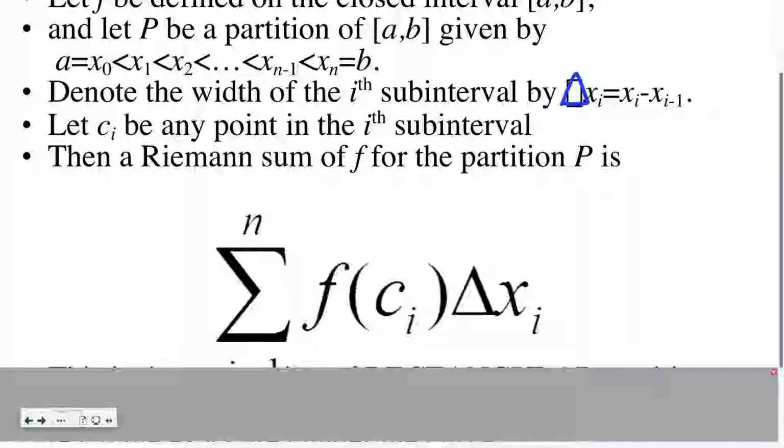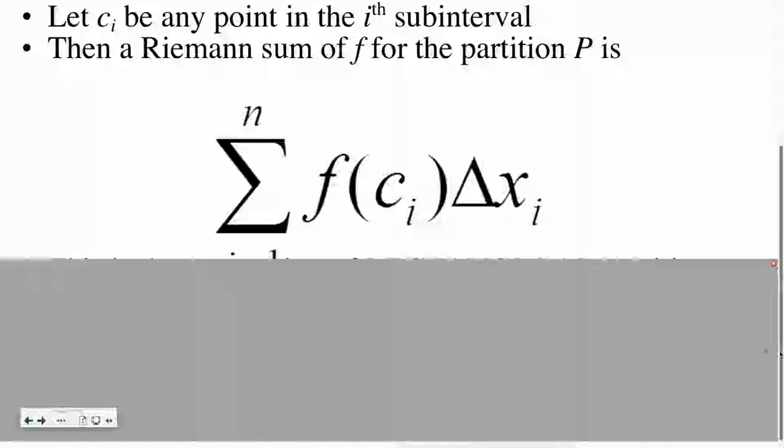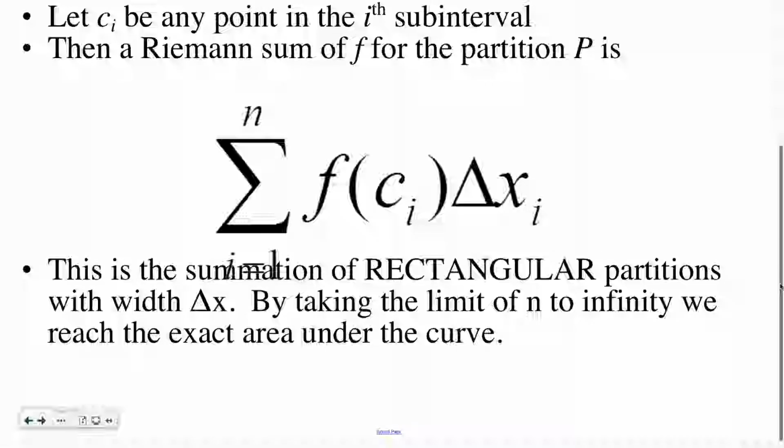Now we're going to put that shortcut in our summation. And in order for us to get the exact area, we're going to have to take the limit towards infinity. So instead of having n rectangles, we want infinite rectangles.